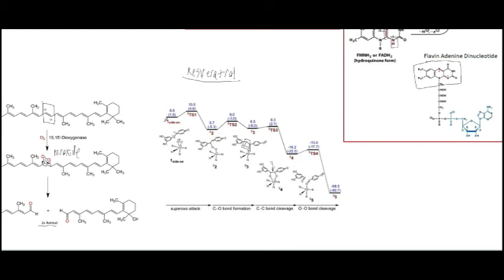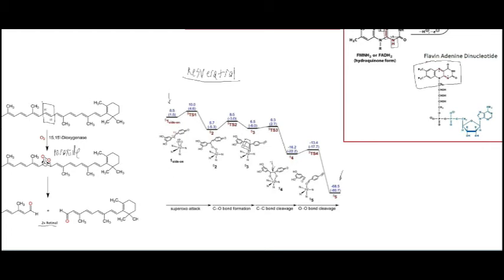And you can see the energy diagram here. We are moving from a higher energy state here to a lower energy state here, but we have to go through these higher energy transition states along the way, and the enzyme is helping to facilitate this.